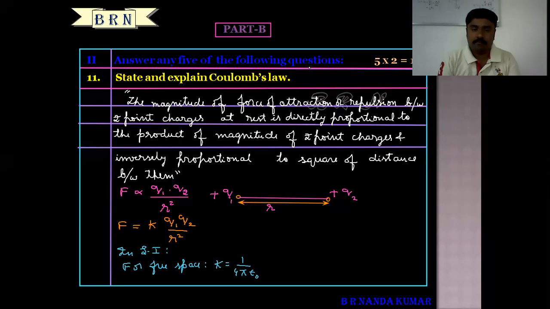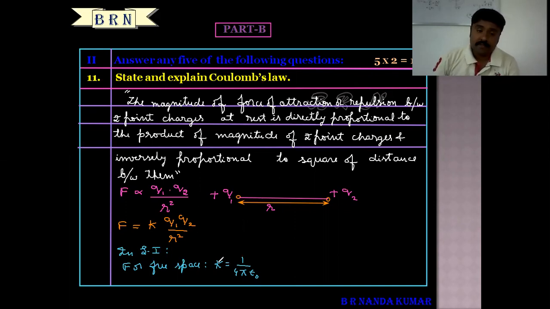So what is the meaning of absolute permittivity? Actually, epsilon naught is called absolute permittivity of free space. Okay, that means the ability of free space to allow the electric field lines to pass through it. Epsilon is called absolute permittivity of the medium. Epsilon naught is called absolute permittivity of free space.